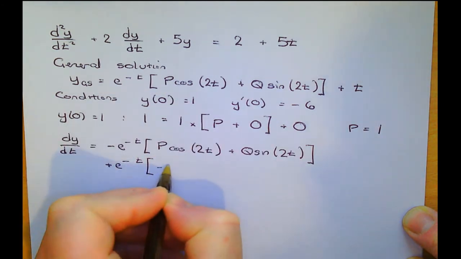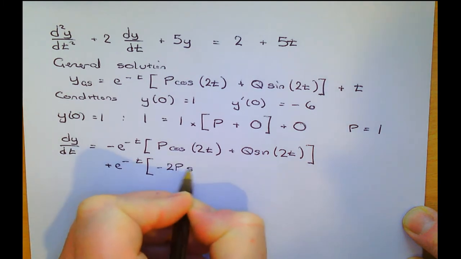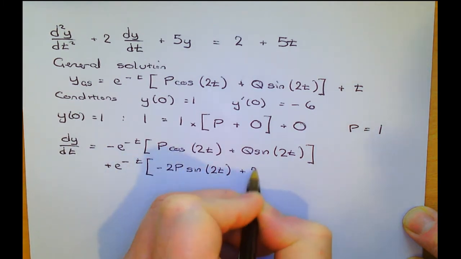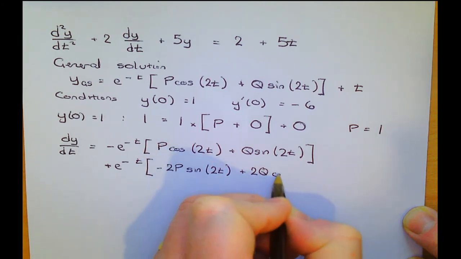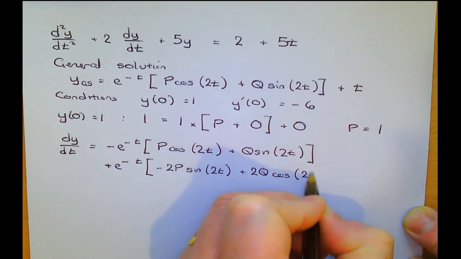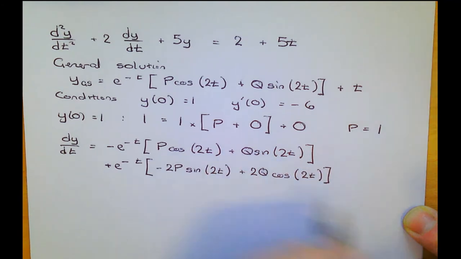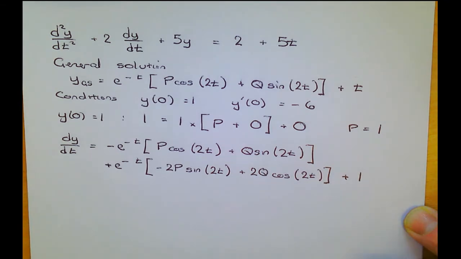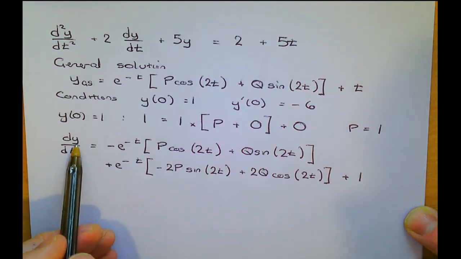So we'll get minus 2p times the sine of 2t plus 2q times the cos of 2t, plus, of course, the derivative here, derivative of t, is equal to 1.